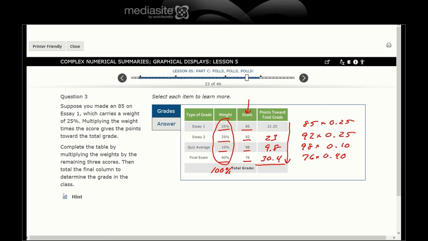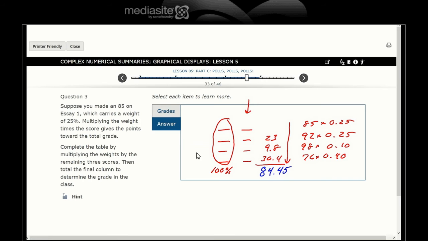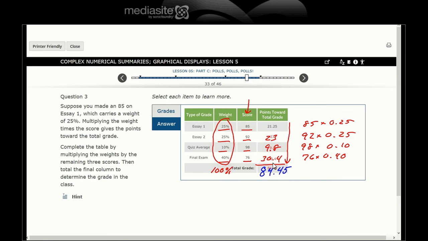Hopefully, when you add these all up, you got 84.45 for the class grade. Let's see, 21.25, 23, 9.8, 30.4, 84.45. So we did good.